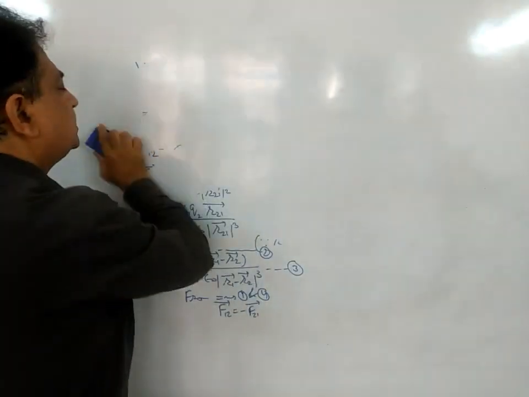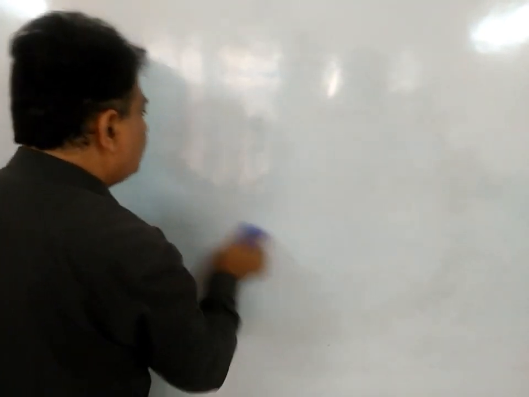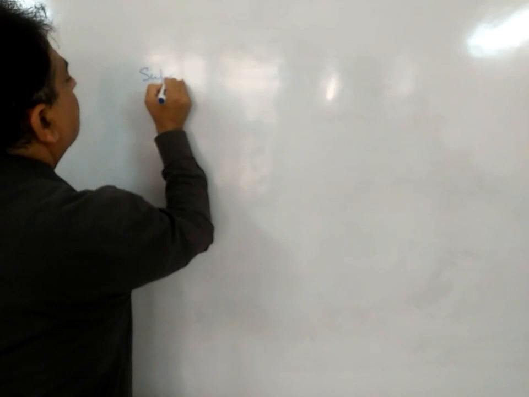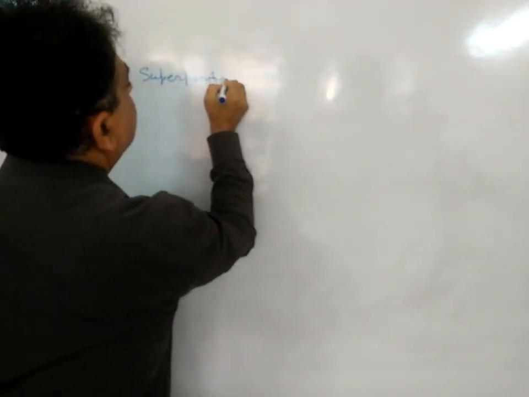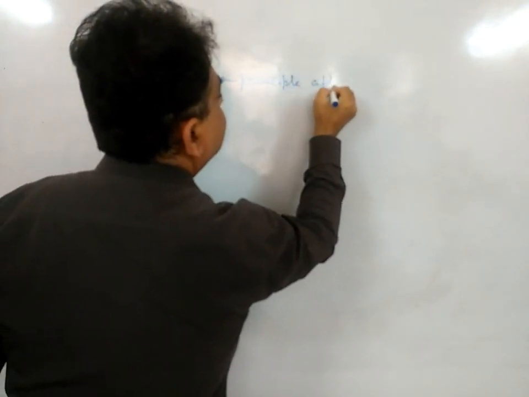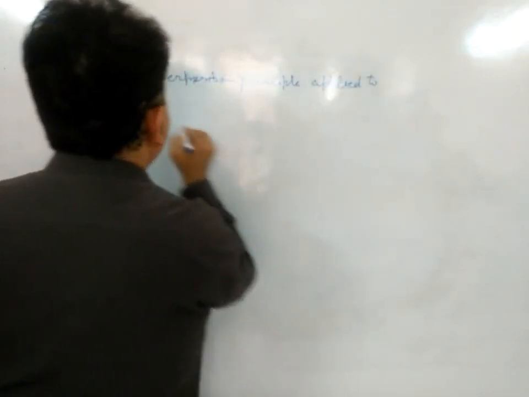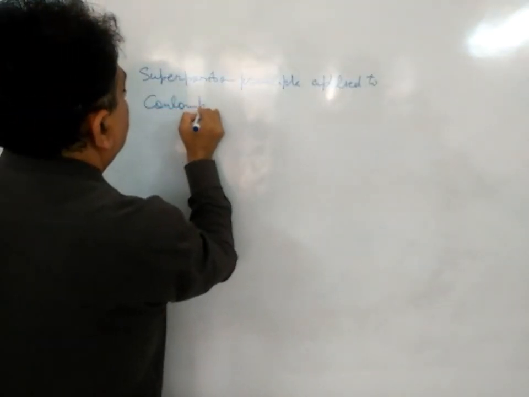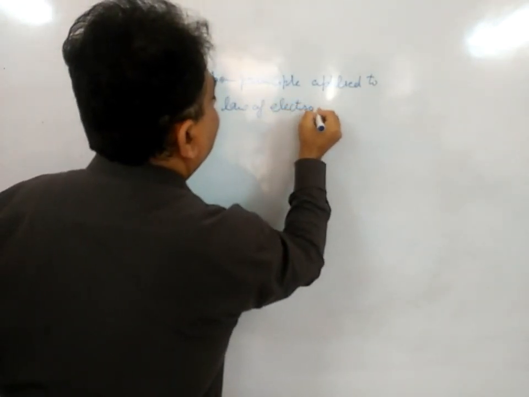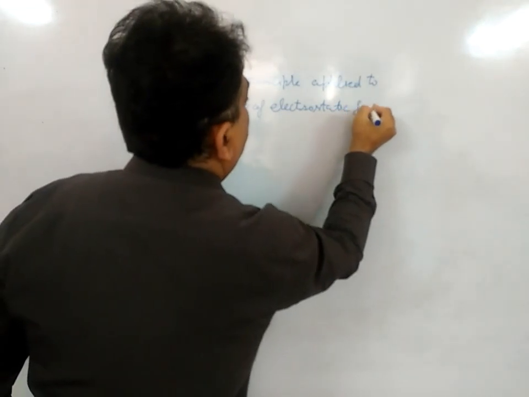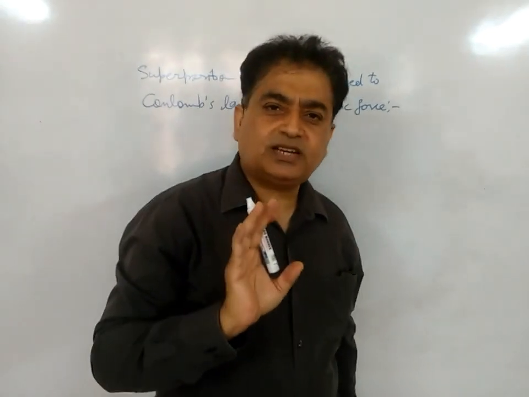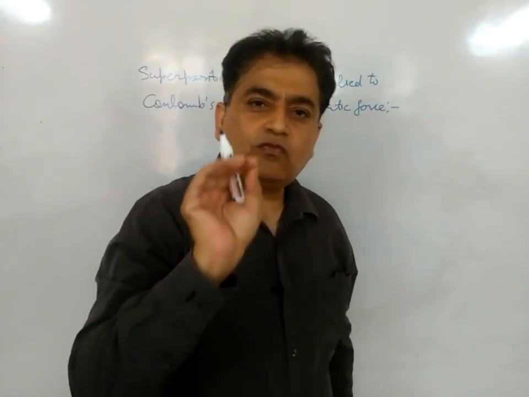Now next is the superposition principle applied to Coulomb's law of electrostatic force. It is about when a number of point charges are present, then the force on one charge due to the other charges.